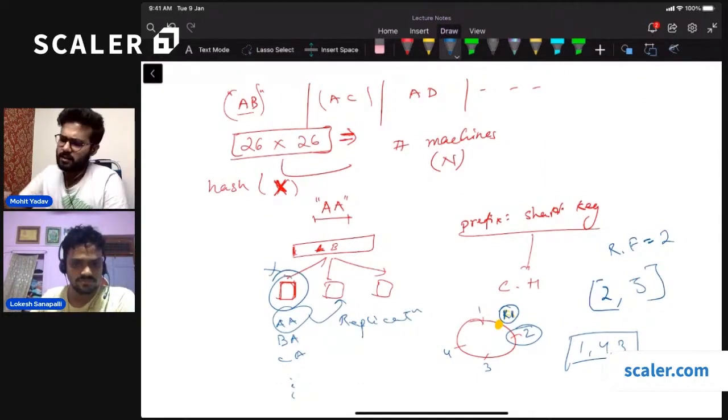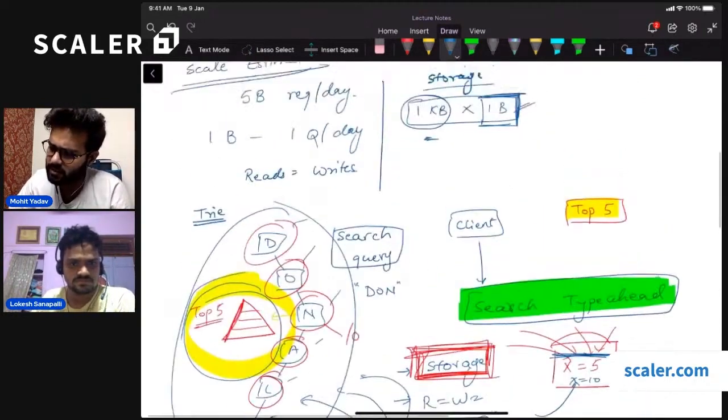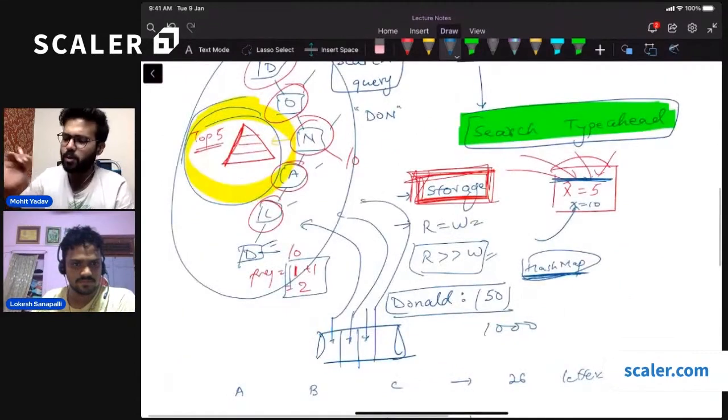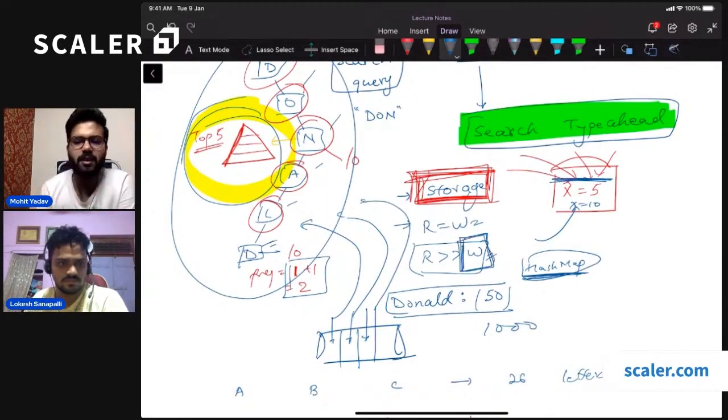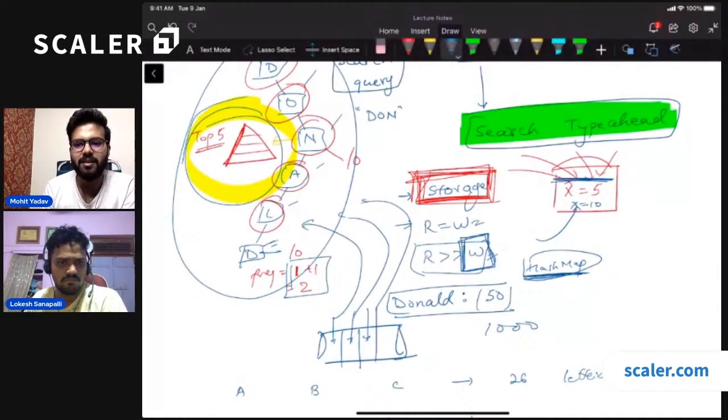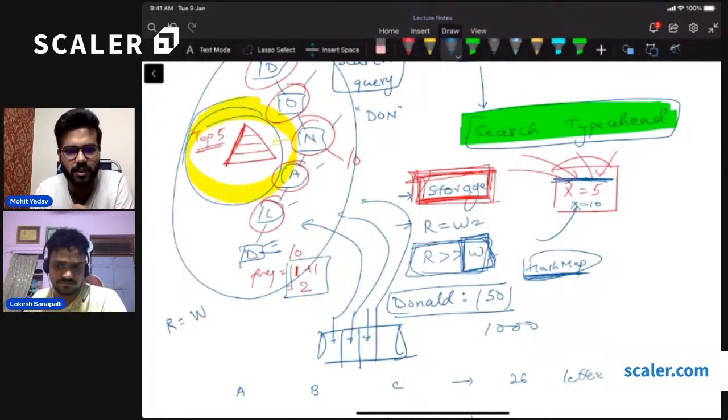I think we've discussed enough on this. There is one more way to decrease the number of write operations. Can anyone who has joined us tell me one approach we can use to make this property hold true? Right now, if I don't do anything, writes and reads are the same.